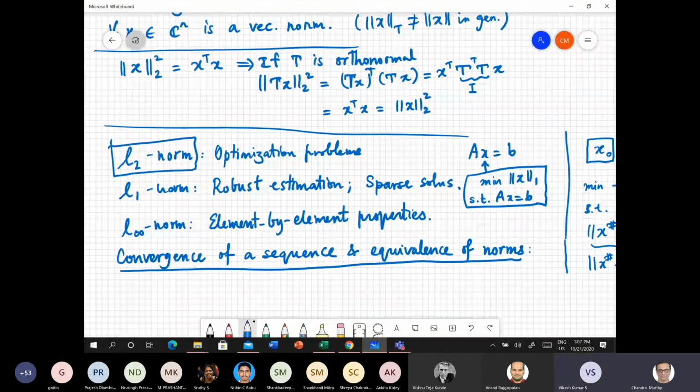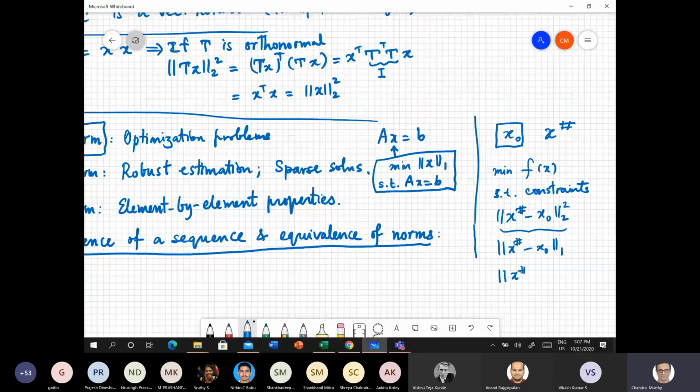Thank you, sir. But how does it translate in the L infinity norm? There we are only optimizing with respect to this one maximum element, or how will it be? In the L infinity norm, you're looking at the largest entry of x hash minus x naught.